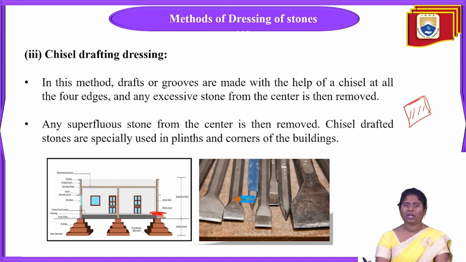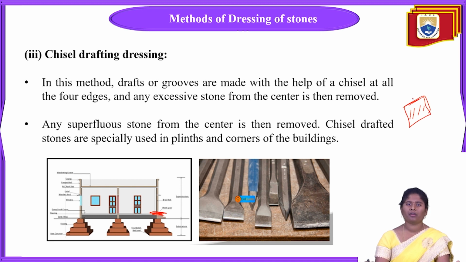When we place these stones in the plinth level, the joints are to be easily fixed with the other joints also. So that's why we make use of these grooves and drafts to make the joints properly fixed.